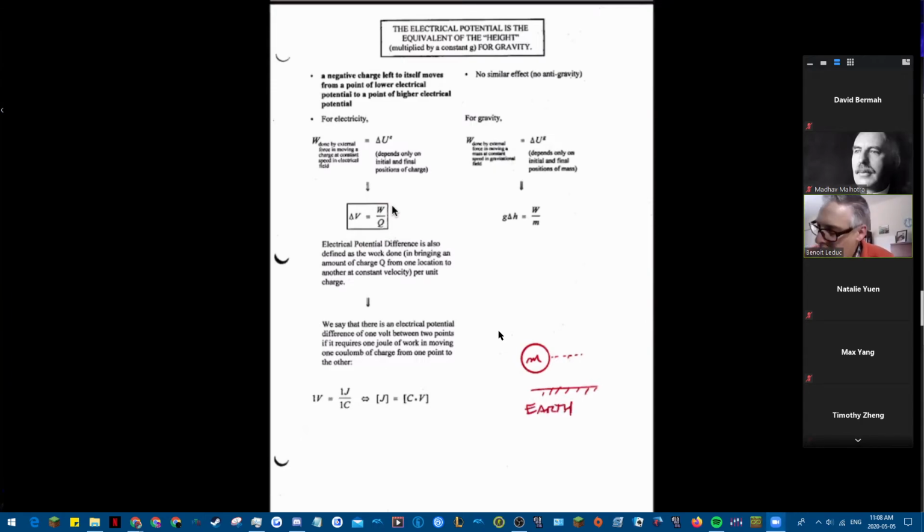What you want to do is lift this mass a certain height.